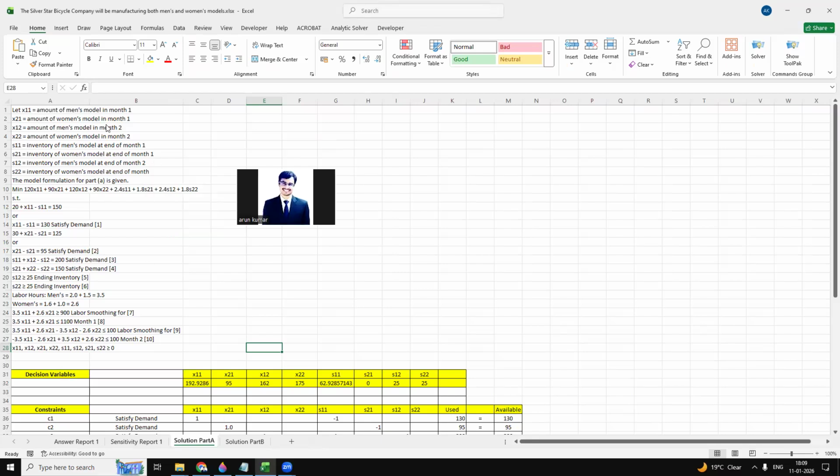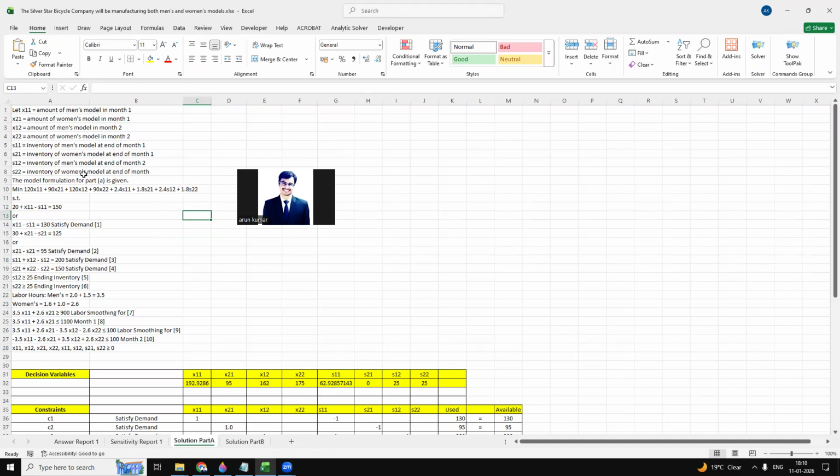This is the solution for part A, and this one is our formulation. I have used variable x11, which is the amount of men's model in month 1, then x21, x12, x22, s11, s21, s12, and s22.